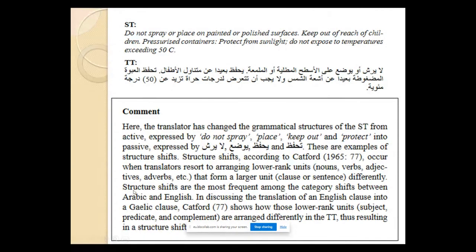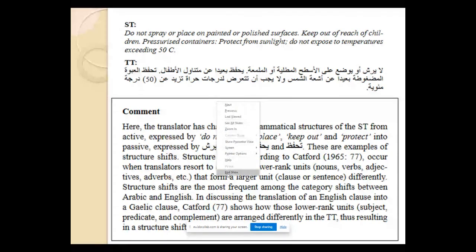So structure shifts are the most frequent among the category shifts between Arabic and English. So we have other category shifts. Okay, and Catford 77 shows how those lower rank units are arranged differently in the target text, thus resulting in structure shift. Okay, so this is the way that you have to comment and to make observations on the translation that you have.